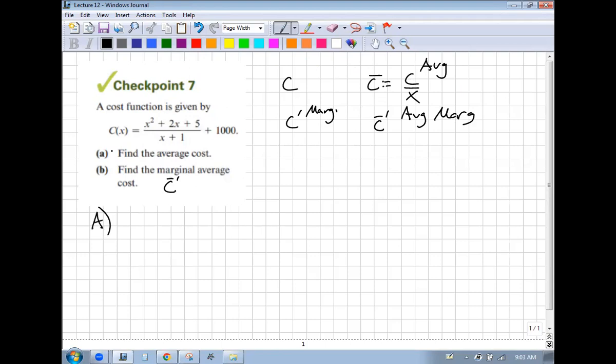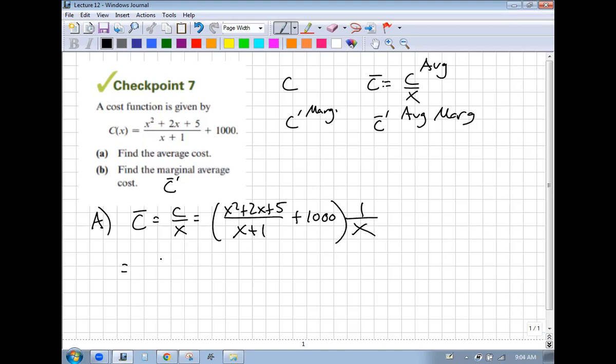So part A, if this is the cost function, the average cost, which is the cost divided by your input, is x squared plus 2x plus 5 over x plus 1 plus 1,000 divided by x, all right?